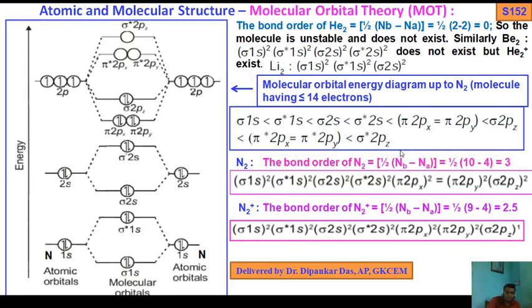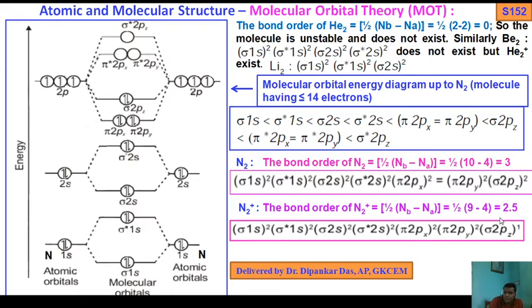Okay, so now the electronic configuration of N2. As you see, sigma 1s square, sigma star 1s square, sigma 2s square, sigma star 2s square, pi 2px square, pi 2py square, sigma 2pz square, up to this.